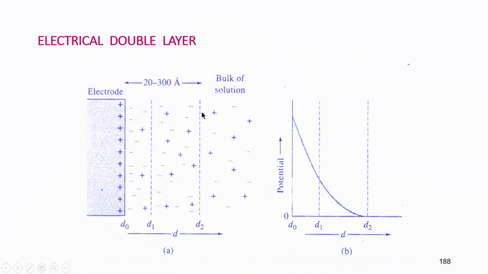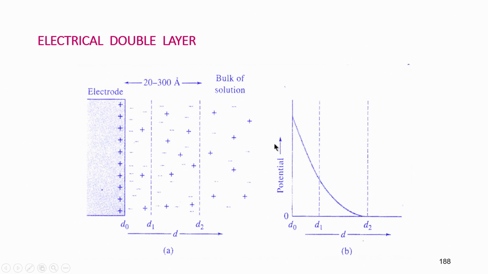Yesterday I had taught you all this, and I had shown you this figure. This is the electrode surface, positive ions are here, this is the immediate space around it, and then a slightly different space around it, of the order of about 20 angstrom units. Here it will be about 300 angstrom units, and this will be the bulk of the solution.